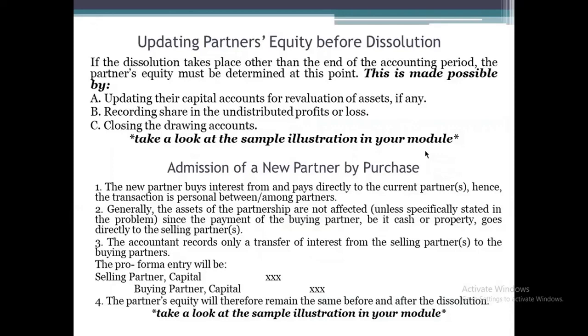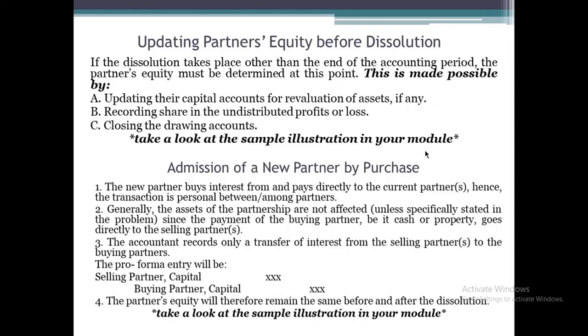So, admission of a new partner by purchase. So, admission of new partner, madi-dissolve din yung partnership kapag mag-a-admit tayo ng bagong partner.